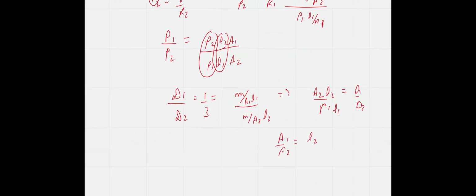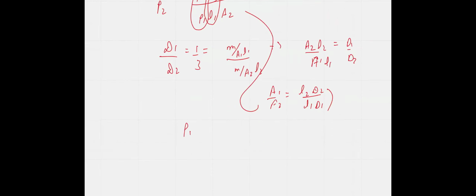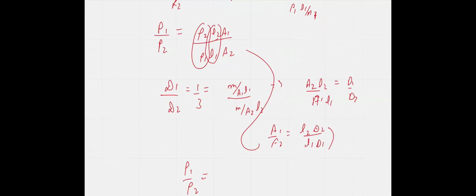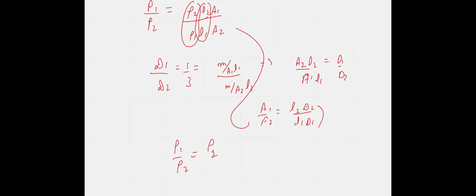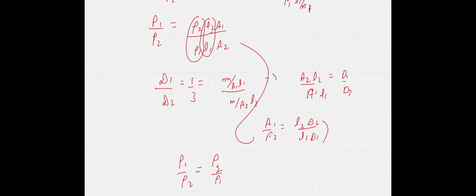Just substitute this value over here. P1 by P2 equals ρ2 by ρ1, times L2 by L1, times A1 by A2, which is L2 by L1 times d2 by d1.